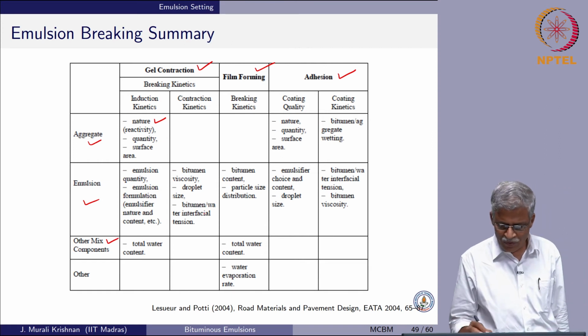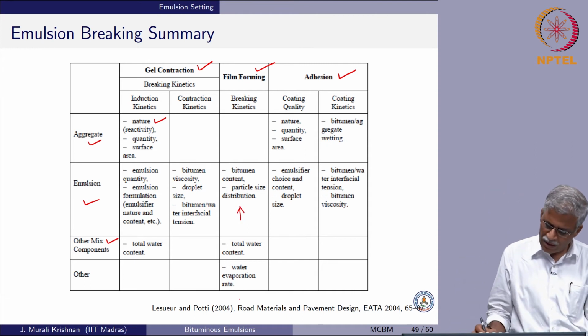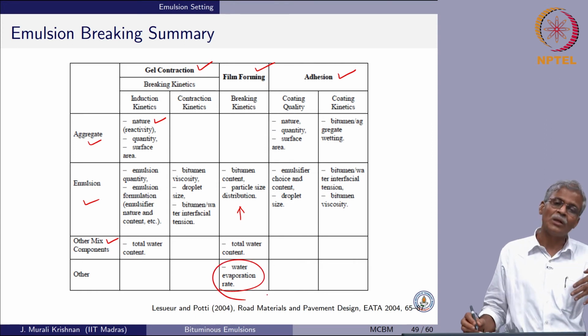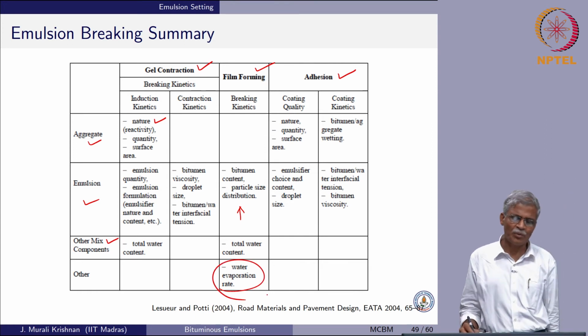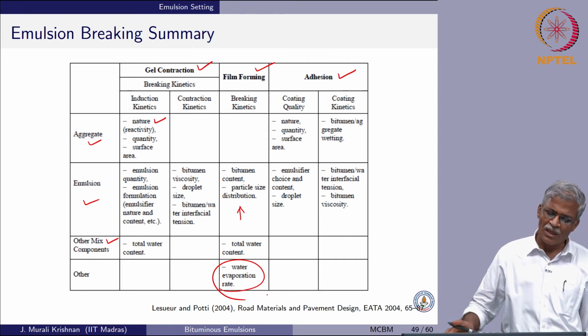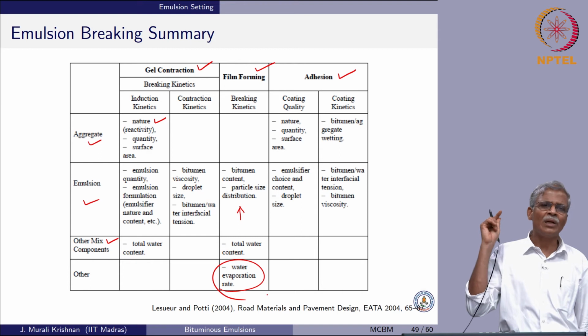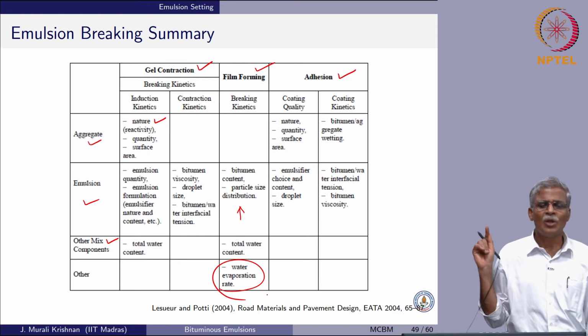In terms of emulsion, if you are talking about film forming, this is going to be only in terms of the water content, the water evaporation rate, because that is very important here, that is one, the slower the breaking is going to happen.